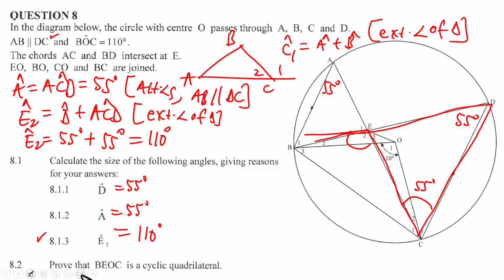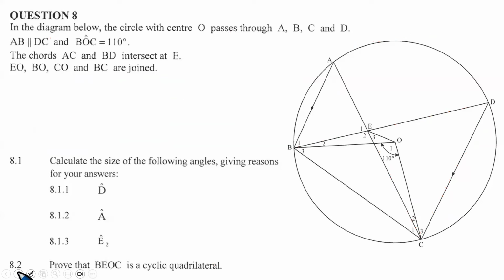So the next thing is to prove that BEOC is a cyclic quadrilateral. To prove this, we need angles in the same segment.